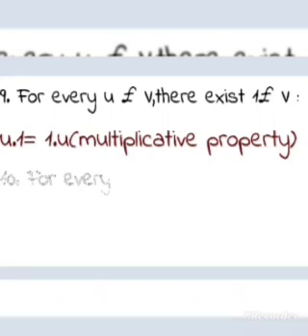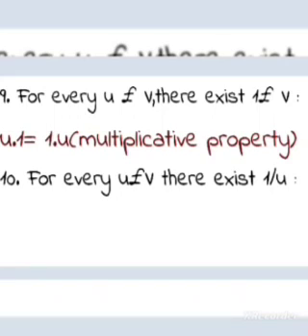Now the 10th one, which is the very last one we're looking at, is for every u that is in V, there exists the inverse of u, that is u raised to the minus 1, or could better be written as 1 over u, such that u dot 1 over u is equal to 1 over u dot u, which is equal to 1.